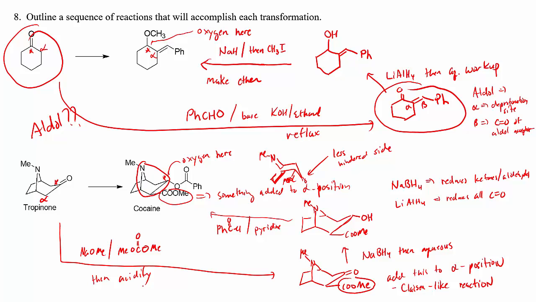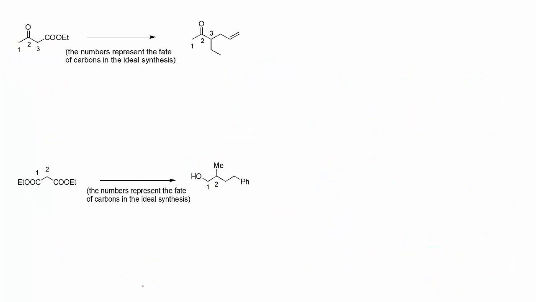There's two alpha positions, but this is a symmetrical molecule, so it does not matter which alpha position is attacked. So this would be a three-step synthesis that would accomplish the objective that you see there.